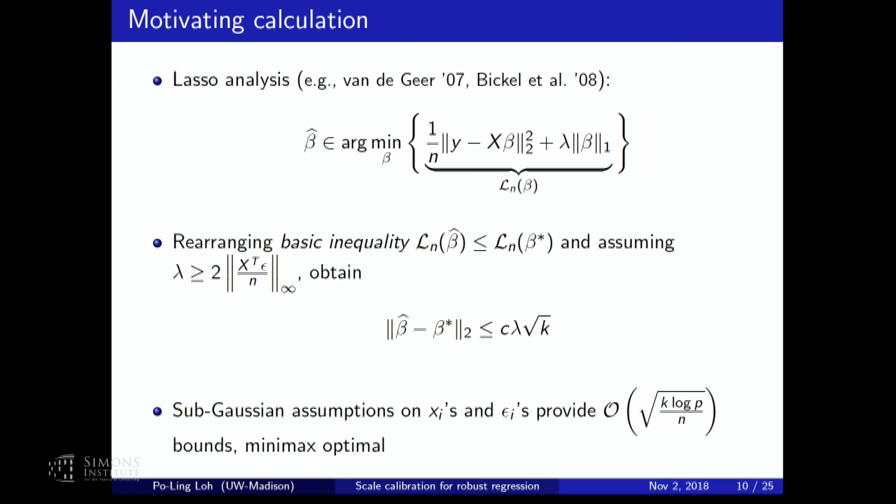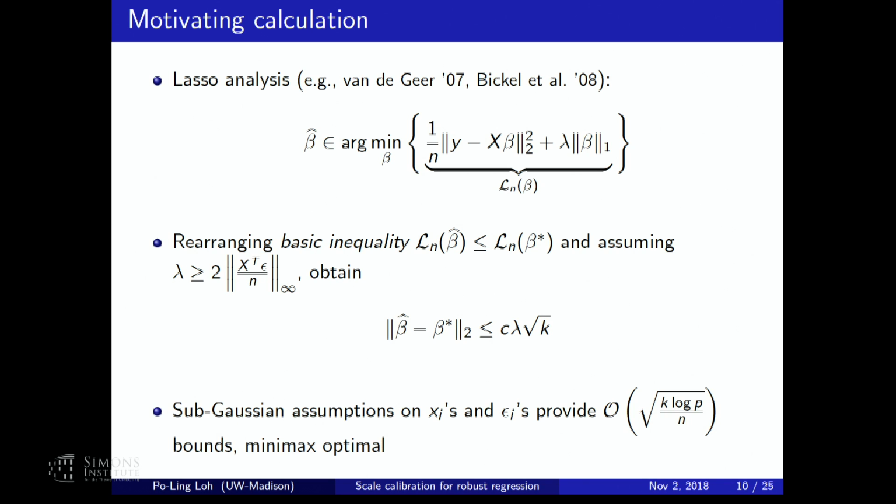Okay. And then the question now is, where exactly is the assumption that the epsilons are well behaved coming in? Because if for lasso there was no assumption on epsilons being Gaussian or anything, then who really cares about this, right? As you'll know, the way that we get these sorts of fast rates of convergence for the estimator that comes out of the lasso is we want to say, well, according to this theory, my optimal choice of lambda should be the infinity norm of X transpose epsilon over n.